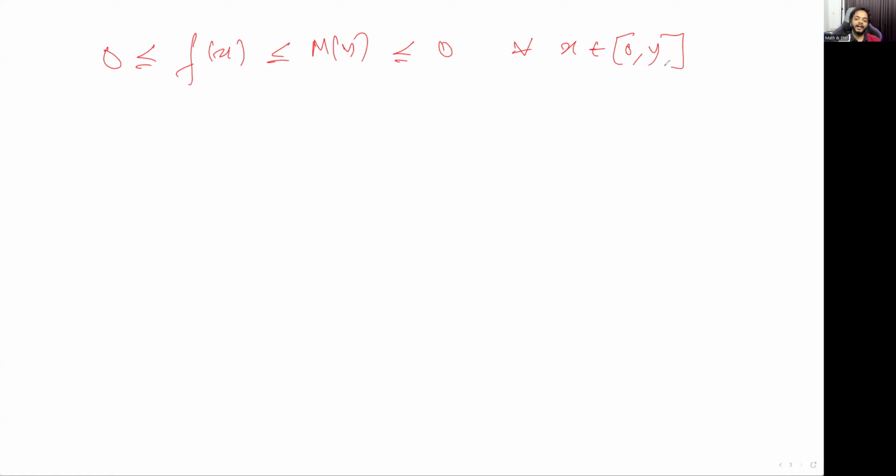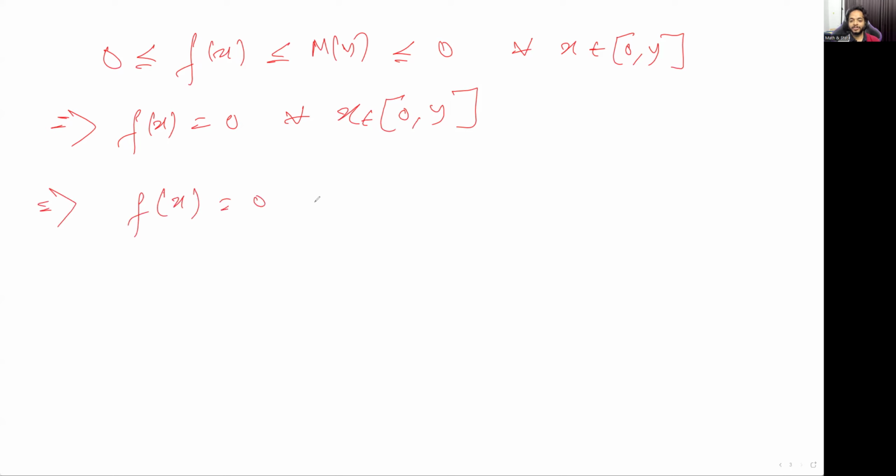closed. And since, that implies that f of x is equal to 0 for all x belonging to 0 to y. Okay. And where y is strictly between 0 and 1. And that implies that f of x is equal to 0 for all x belonging to 0 to 1 open.